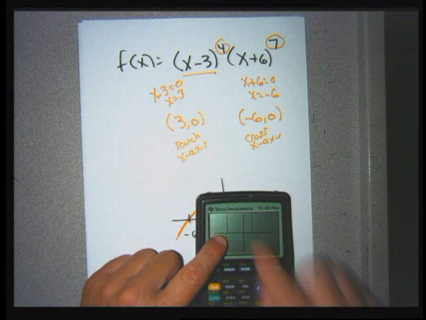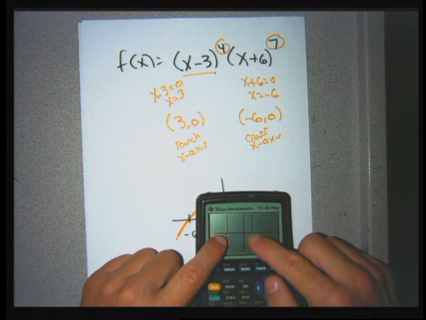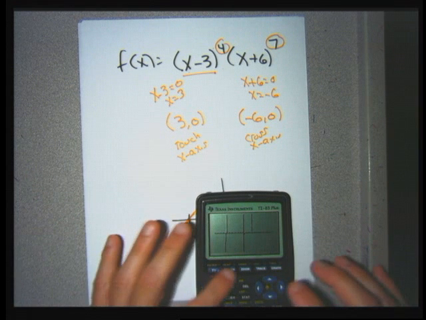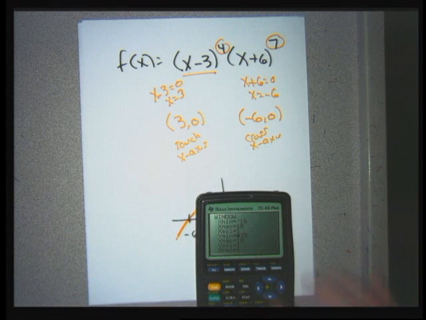Here at my 3, my window's not good enough to see that it reflects off of it. I'm going to have to really blow my window up a little bit. Let me change my y's to the hundreds, and then hopefully we can see the crossing and bounce reflecting better.